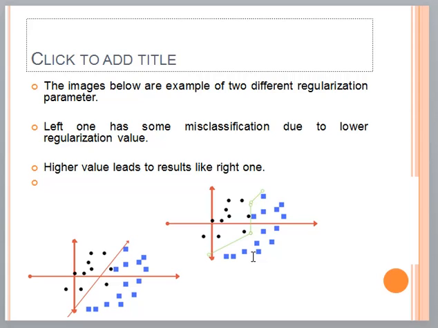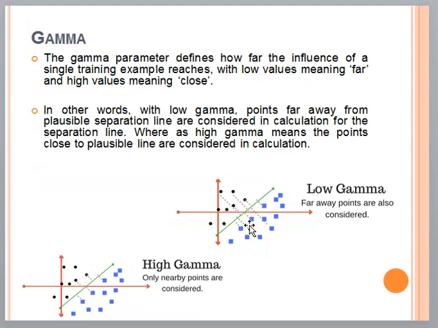Left one has some misclassification due to a lower regularization value. In this case the value of C is small, and you can see these two misclassified points here. On the other hand, if we have higher values of C, then we make the classifier attempt to classify these points correctly.